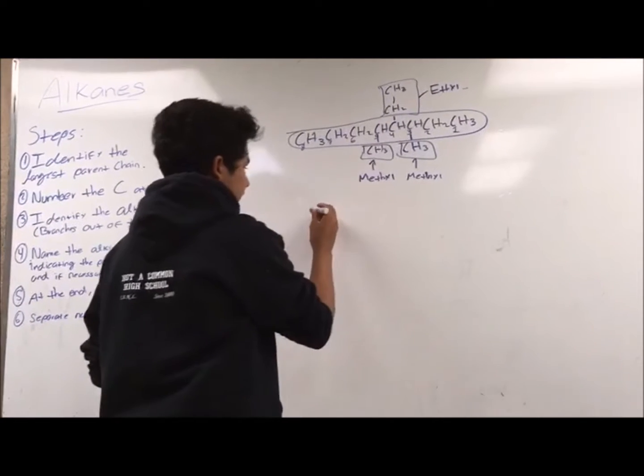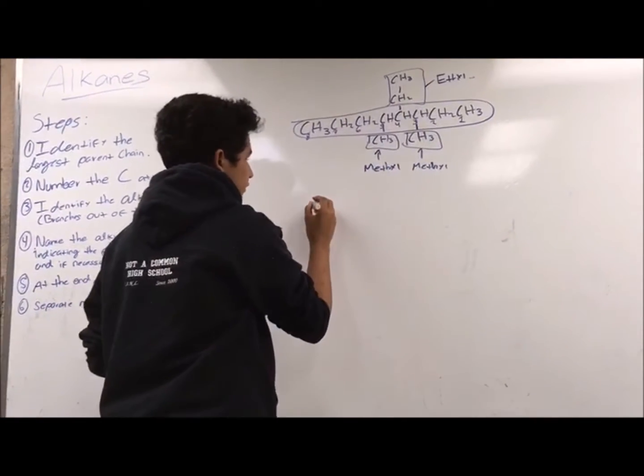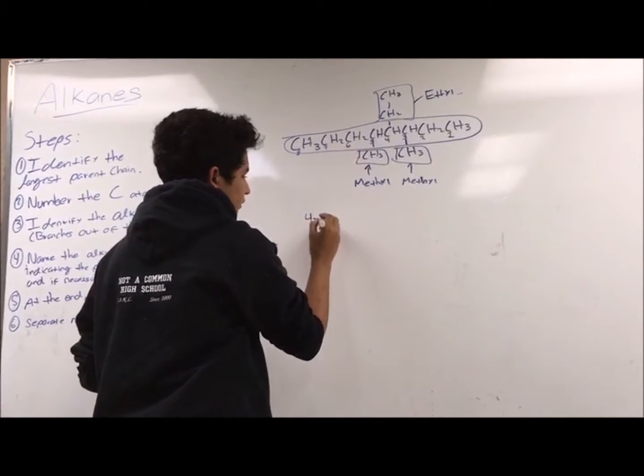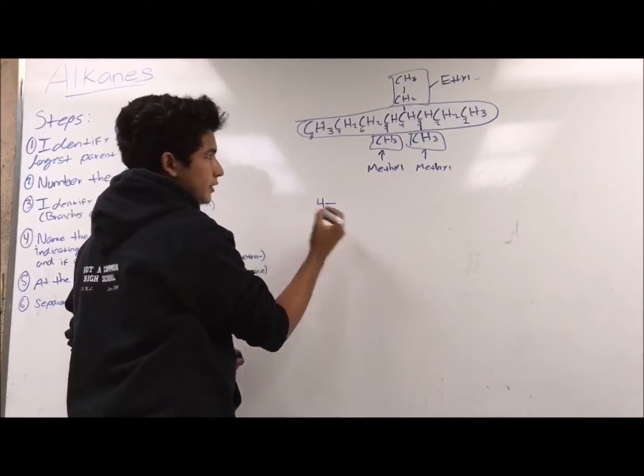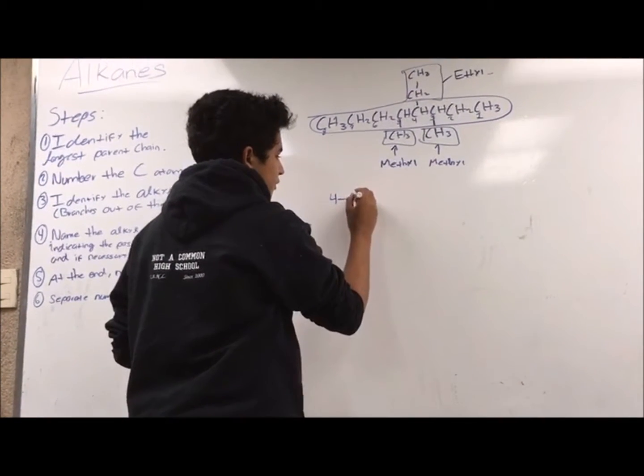So I'm going to start with the location of the alkyl group, which is 4. Then I'm going to separate the alkyl group with this line. So it's 4-ethyl.